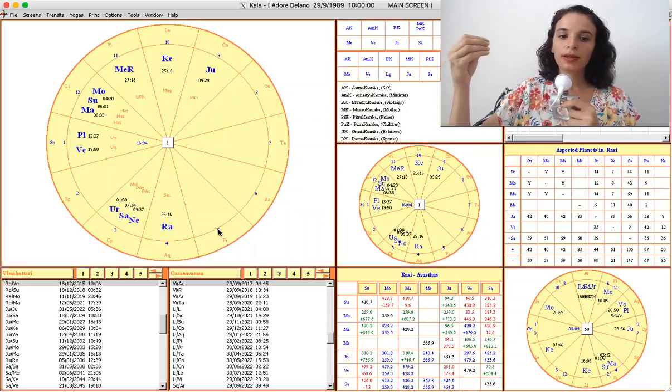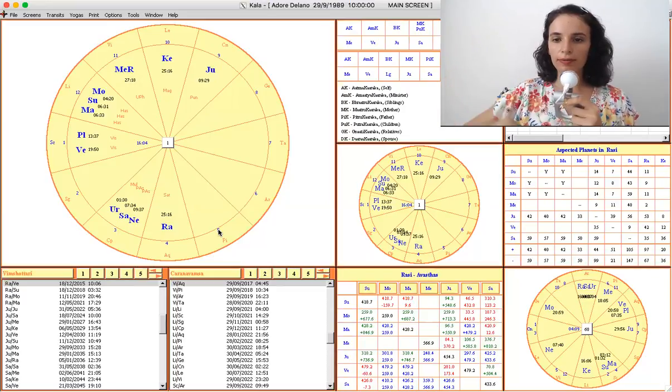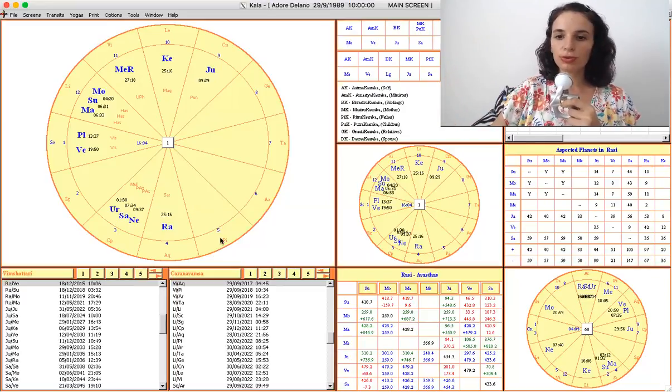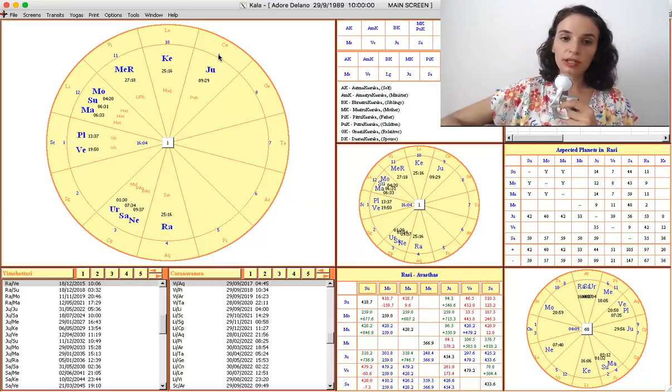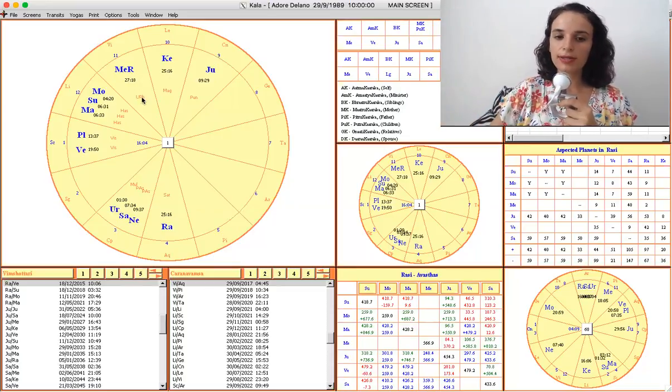So the 5th has a spiritual connotation already. So if we do these mantras and yantras, we get to the 9th, and the 9th is related to pilgrimage. It's related to religion and spirituality. So we can see how these two are connected. The 5th from the 5th is the 9th.